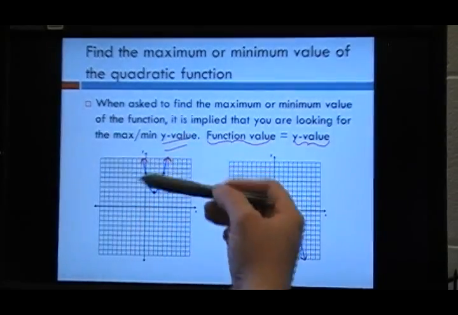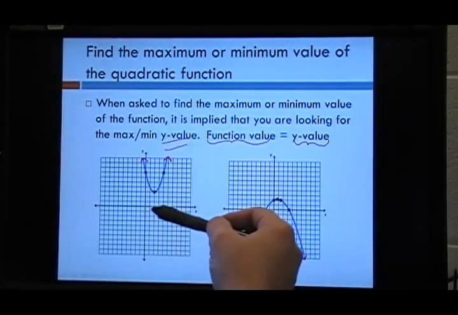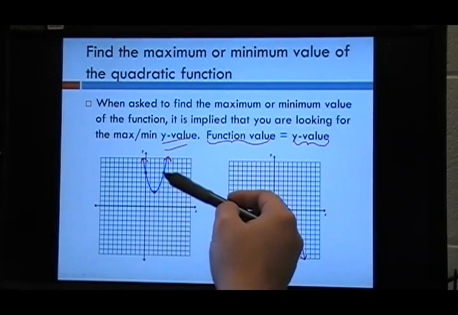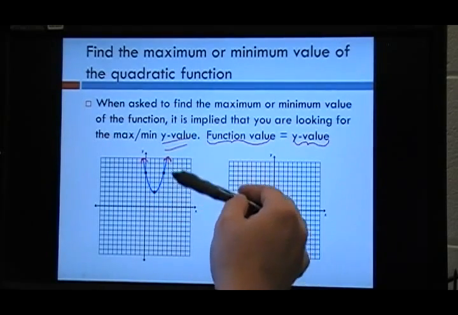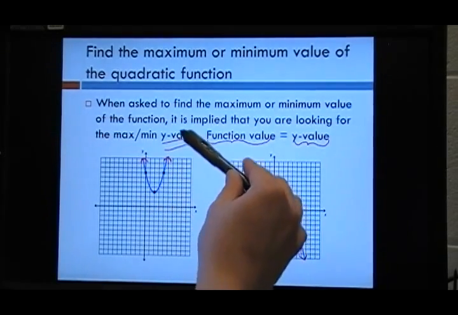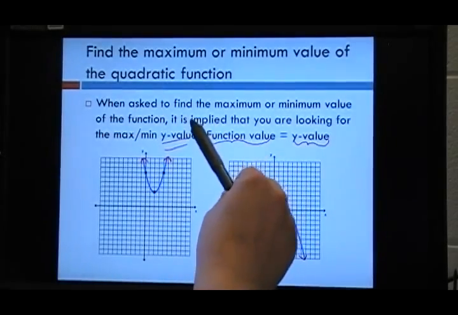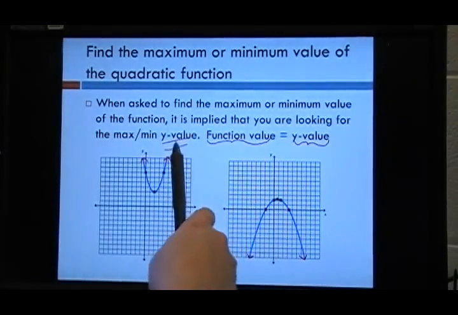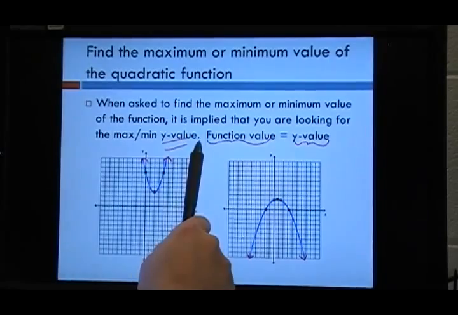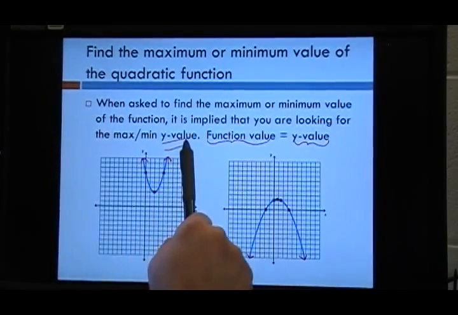If I'm looking at this function here, for this x value, I have a corresponding y value of 7. As x gets larger, the value of y keeps getting bigger and bigger. So my question is, do I have a highest y or do I have a lowest y?